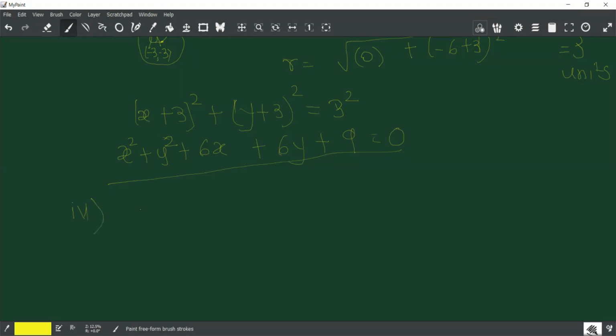Again, you have to find equation of the circle. Circle is touching the line 8x minus 15y plus 25 is equal to 0 and center दिया है 3,1. करोगे? 3,1 is the center.